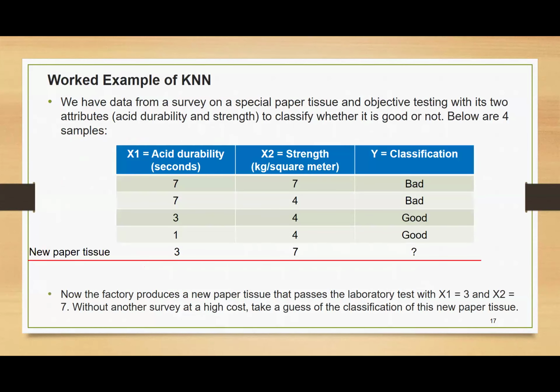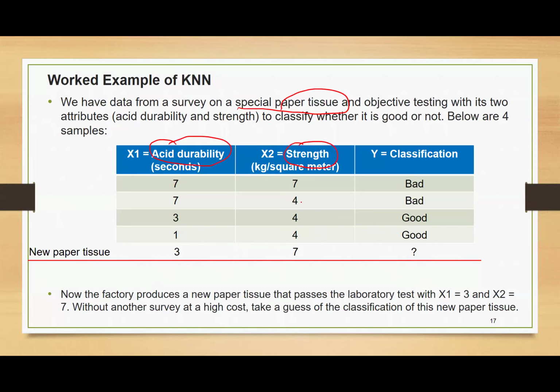Yeah, and here's another example of how we classify things. Let's say we have data from a survey on special paper tissue. And then there are two features of this paper tissue. One is the acid durability, another is the strength of the tissue.